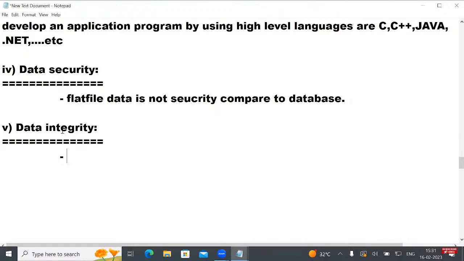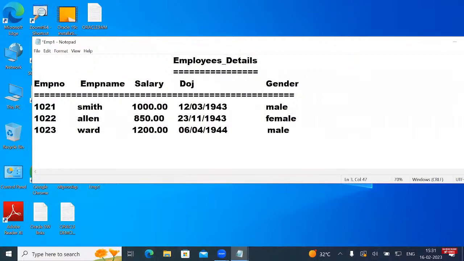But tell me, in flat files, suppose in a flat file I add one more column, mobile number. This is just a present example. Suppose I insert a mobile number with 9 digits.